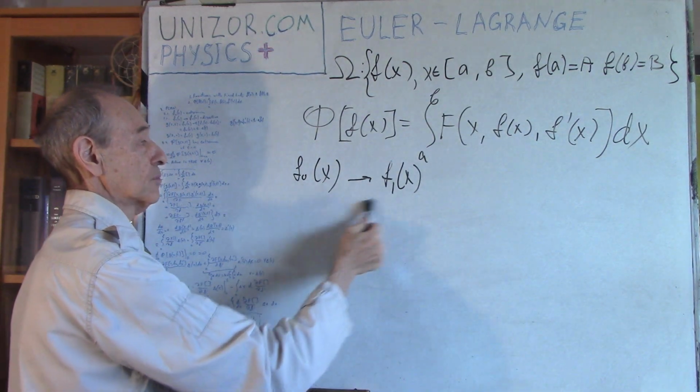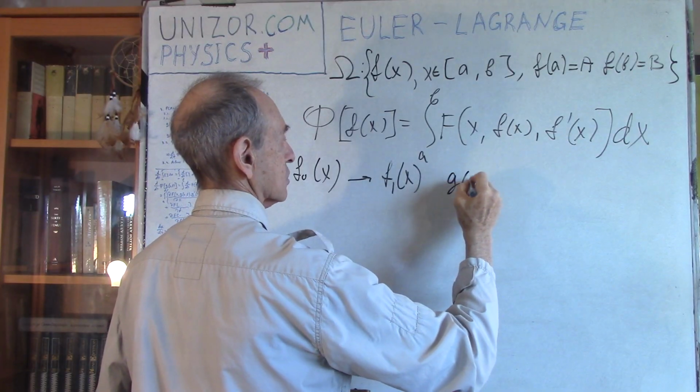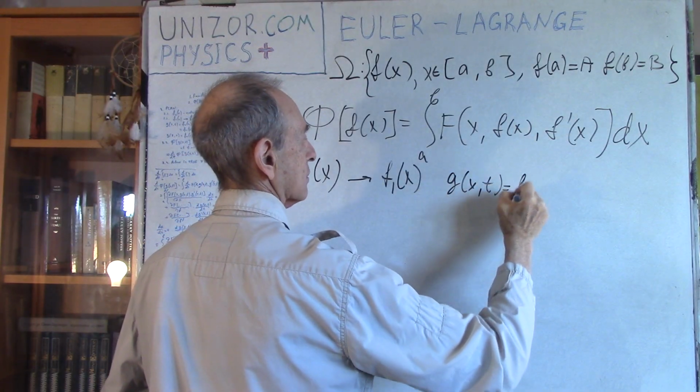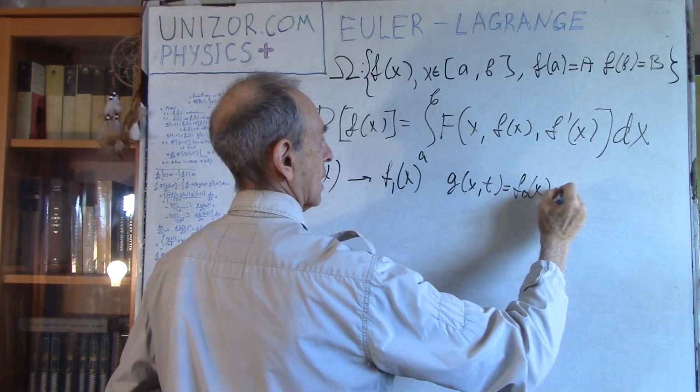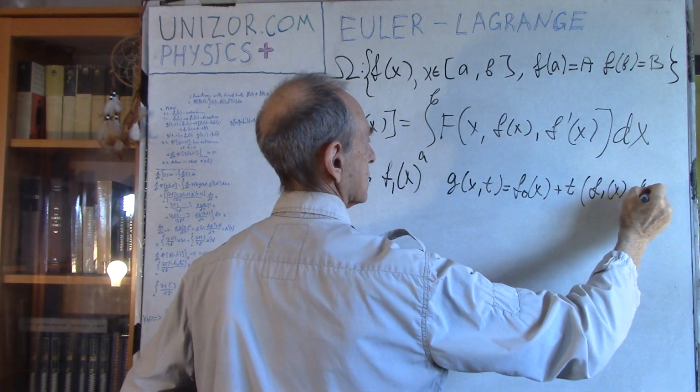Now, the way I move can depend on a parameter. So I will have a function g of x and t equal to f0 of x plus t times f1 of x minus f0 of x.